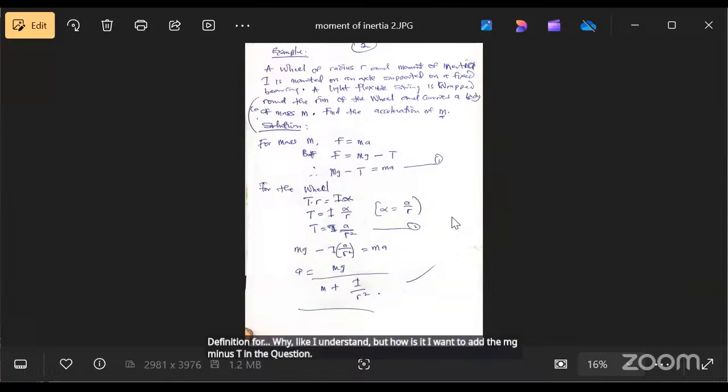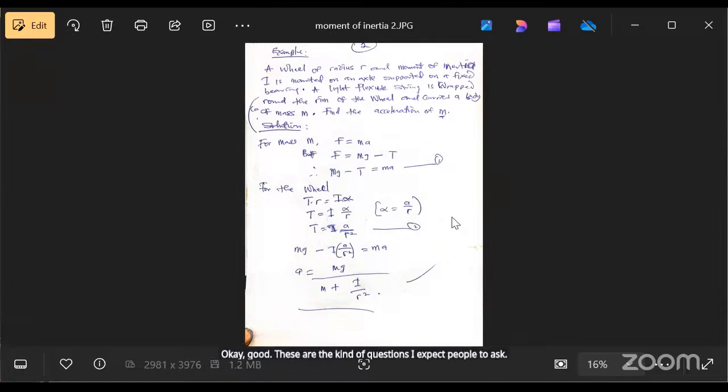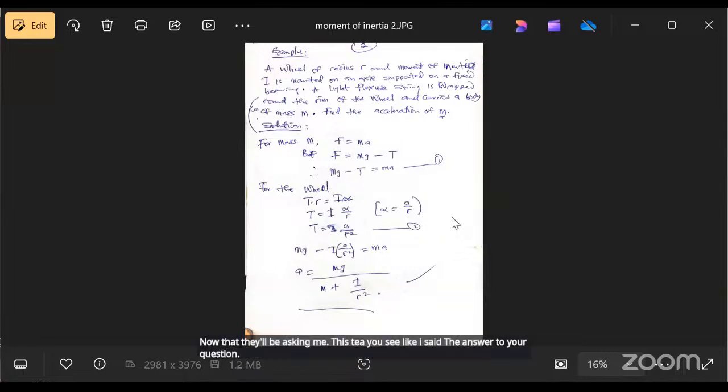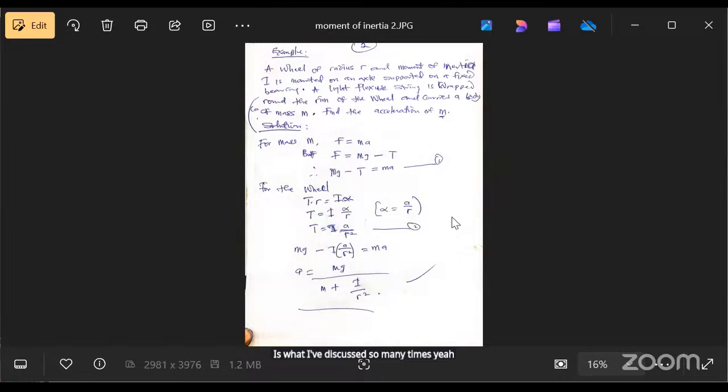Good. These are the kind of questions I expect people to ask. The answer to your question is what I've discussed so many times here. In physics, there are formulas, models, and numerical solutions that have been established in literature.